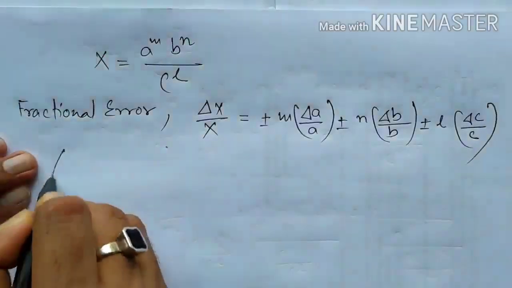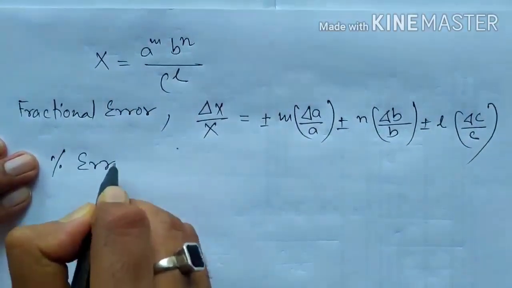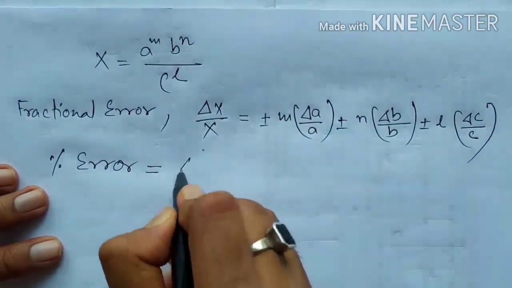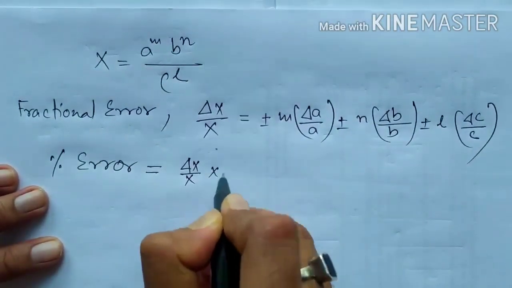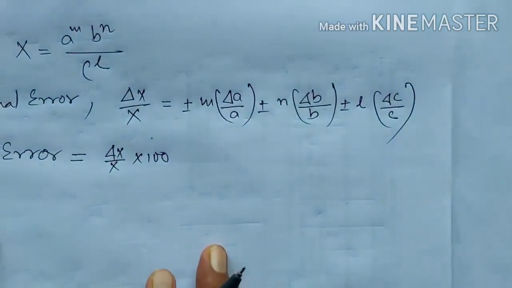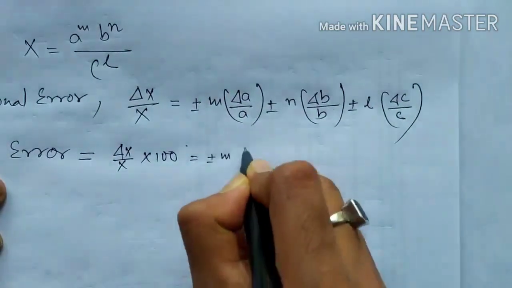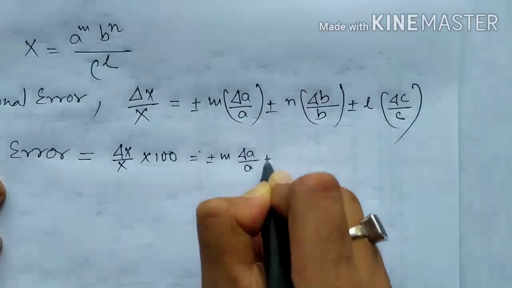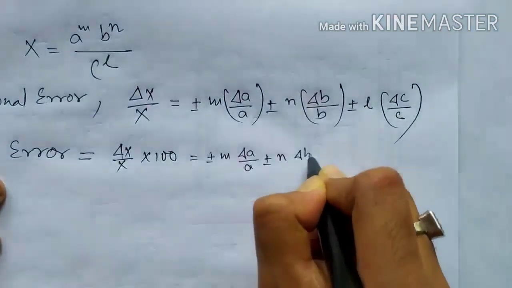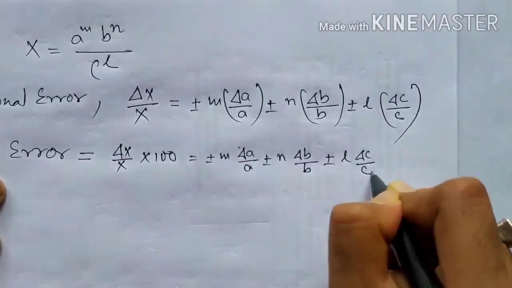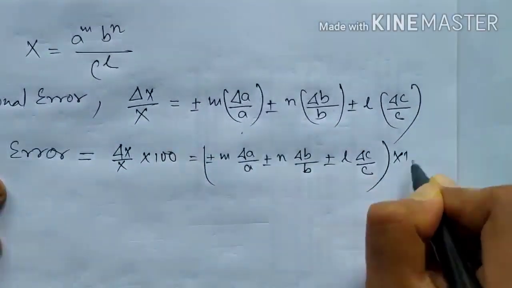So what will be the expression of percentage error? Percentage error will be delta x by x into 100. That means it will be plus minus m delta a by a plus minus n delta b by b plus minus l delta c by c, into 100.